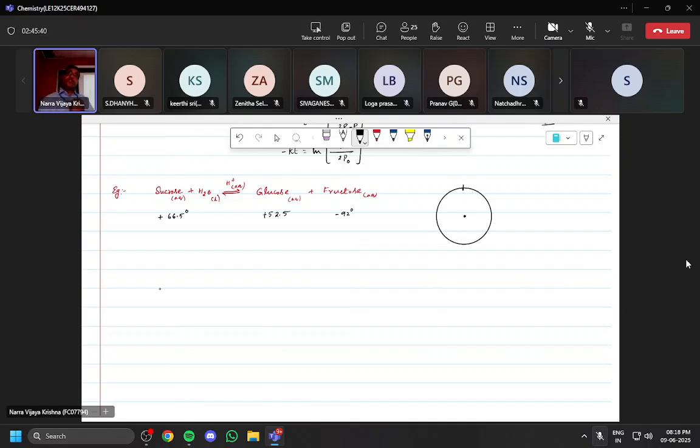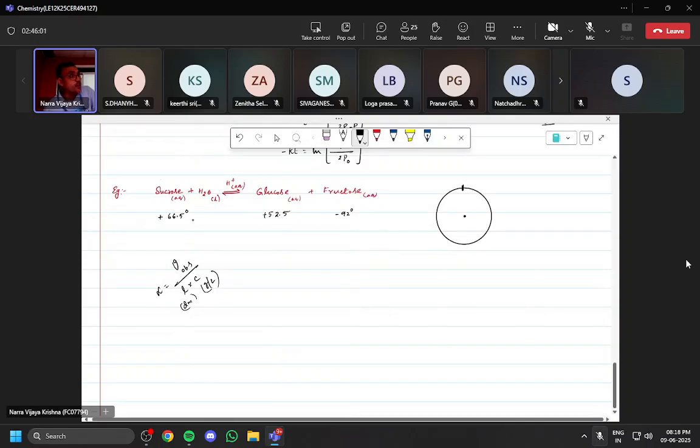Then specific rotation alpha equals observed rotation upon L into C, length in decimeters, C in gram per liter. Right?